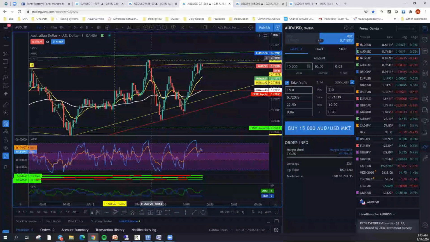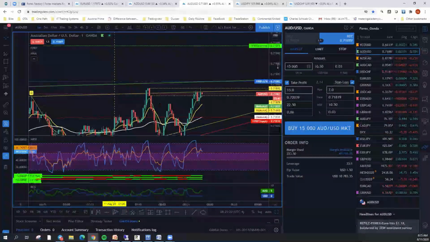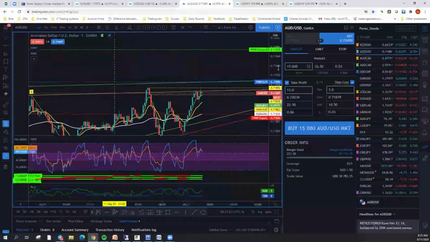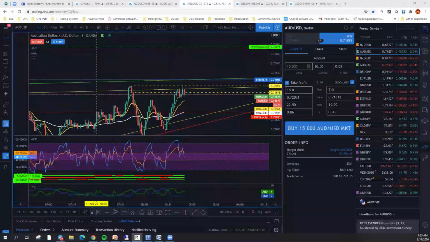Now it's coming up, retesting, but if it can break through that, then we have a good shot at going up a lot higher. It's still working at it.